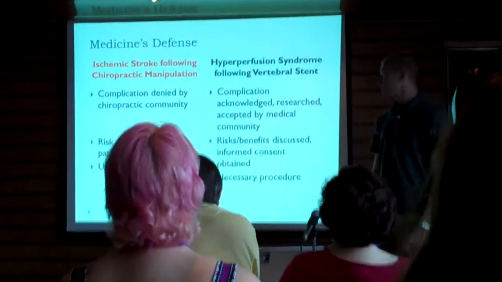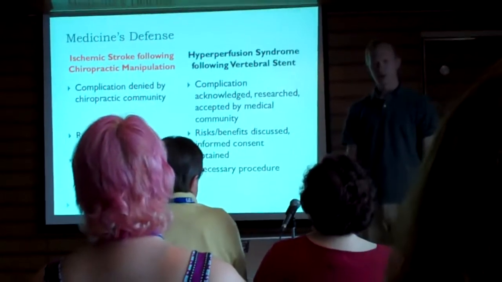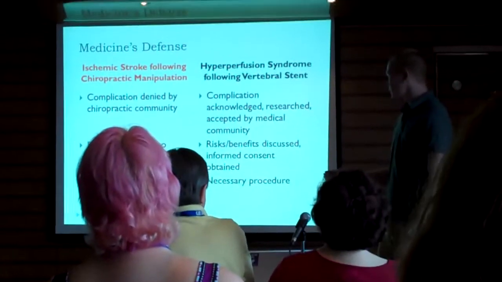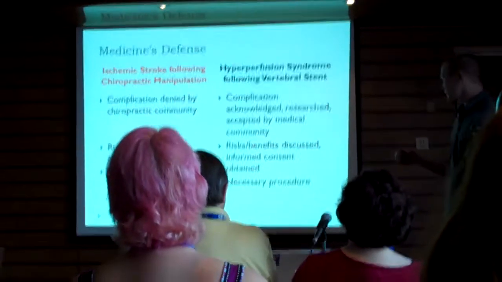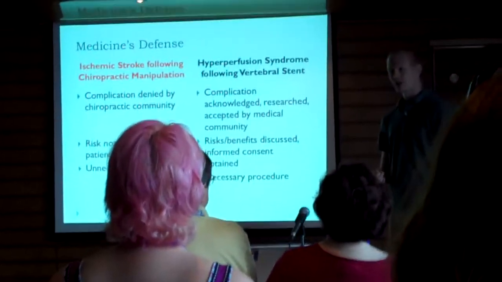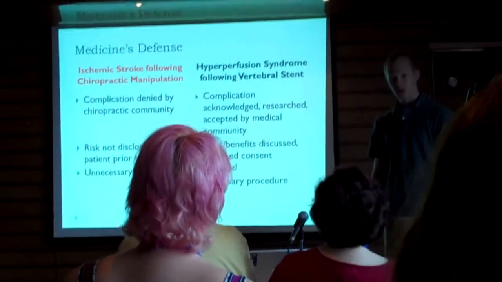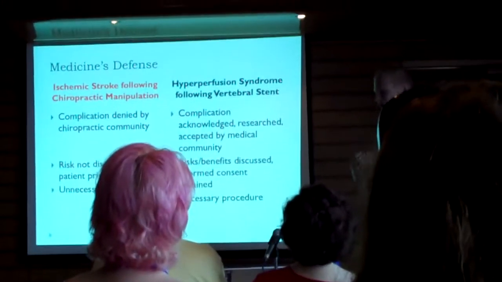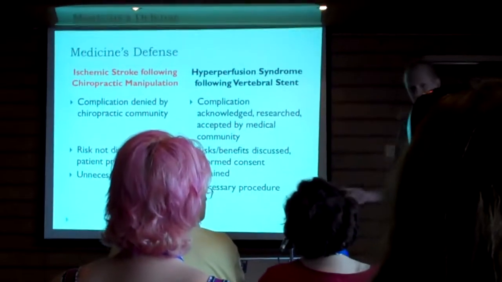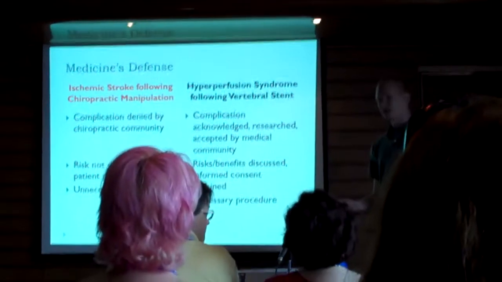because this complication over here is denied by the chiropractic community, the patients aren't prepared for it. They don't have the consent they need to have the procedure done. Whereas with this patient, we spent a half hour talking to him about this is everything that can go wrong with placing a stent. This is a known syndrome. We can cause a stroke. We can cause death. Very rare, but you need to know that these can happen.